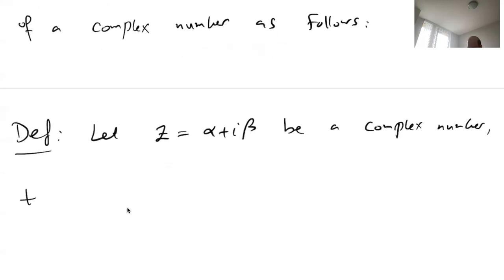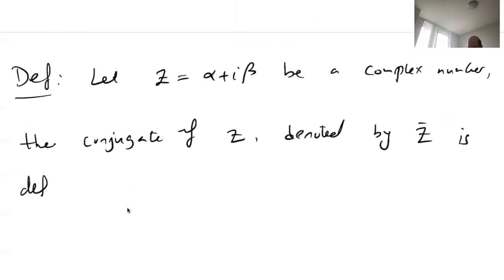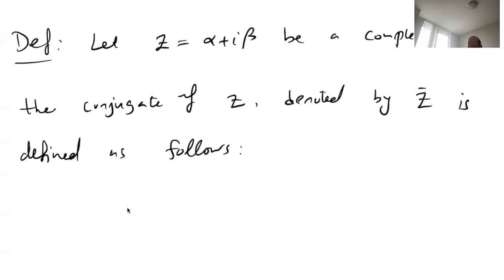The conjugate of z, denoted by z bar, is defined as alpha minus i beta.